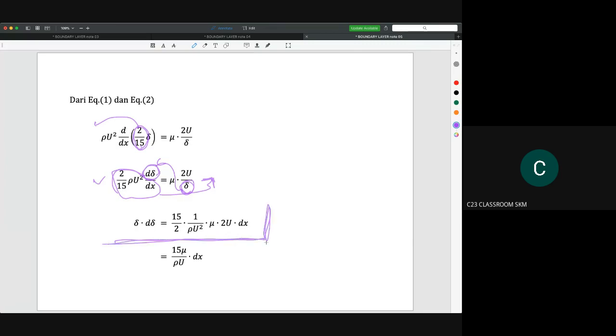Then you could simplify it: the left-hand side remains d delta, and the right-hand side becomes 15 mu over rho u times dx.